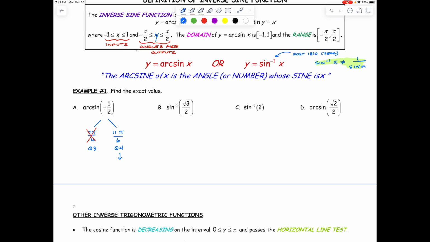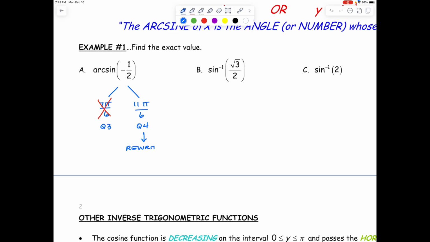So we are going to rewrite it as negative pi over 6 for our answer. And that is because of the domain. So it must be written between negative pi over 2 and pi over 2. So my fourth quadrant is legitimate, but you're going to have to write it as a negative angle, which we're not used to doing very often.